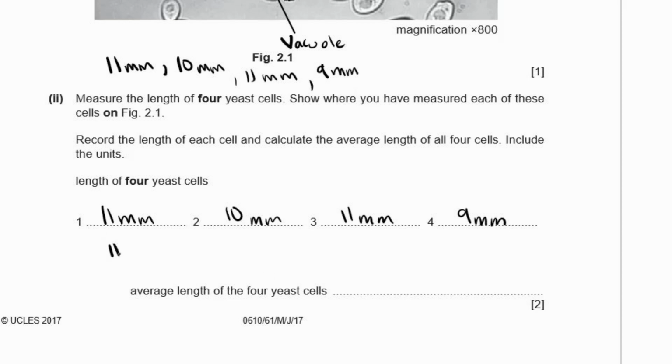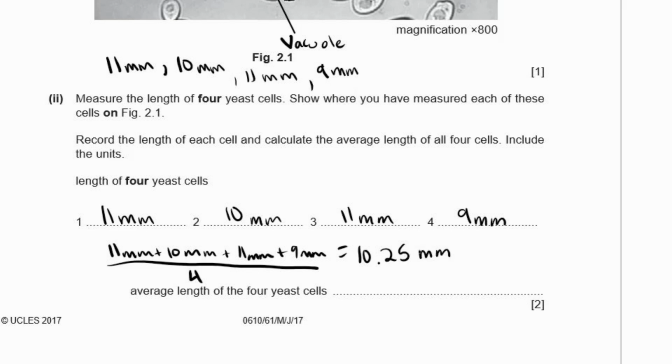So if we take 11 millimeters plus 10 millimeters plus 11 millimeters plus 9 millimeters, we divide that all by 4, we get 10.25 millimeters. But if you notice, all of these are measured to the nearest millimeter because it can't really be measured very easily to the half millimeter or quarter millimeter, so we could do it as 10 millimeters.